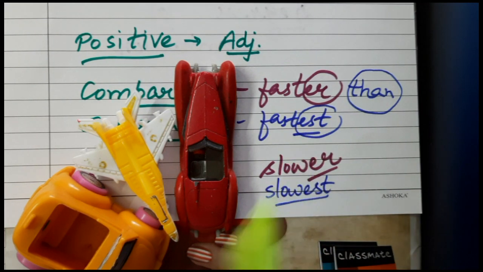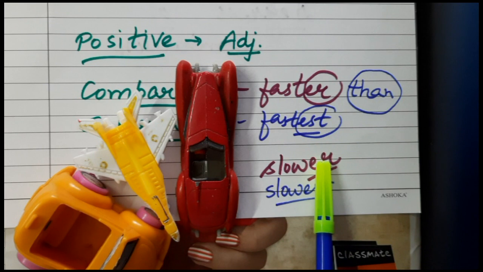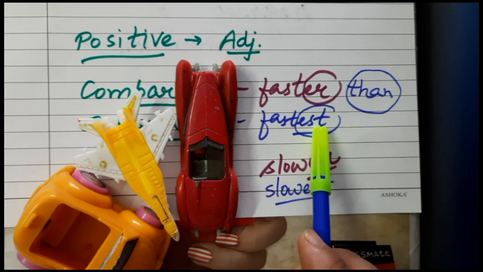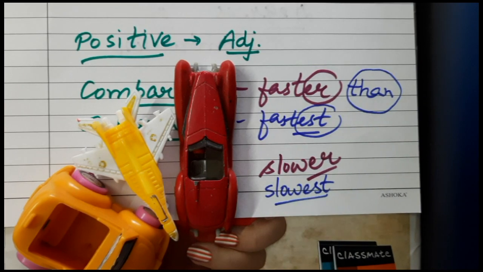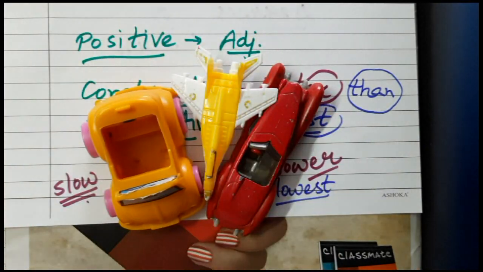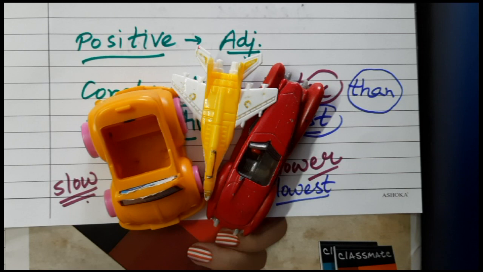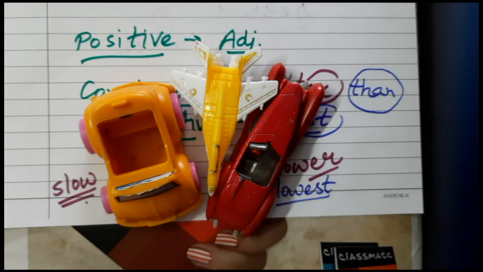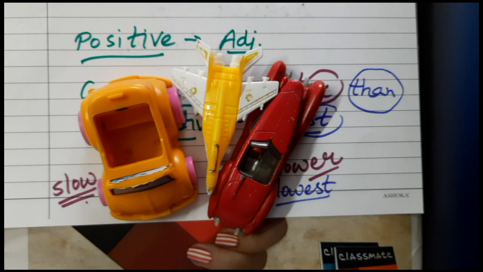Faster, slower. So which is the comparative degree? Faster and slower. Which is the superlative degree? Fastest, slowest. Okay. So again, you can take any three objects, any two objects and ask yourself, which is the fastest? The aeroplane is the fastest of all. Which is the slowest? The yellow car is the slowest of all.